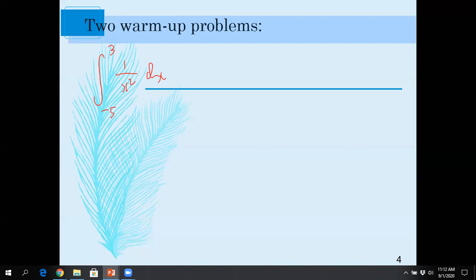And what's the issue here? There's a bad point. What's the problem point for this thing? 0, right? So the problem is that the interval from -5 to 3, are you familiar with that notation? That little bracket notation for the interval? That interval contains x equal to 0, which is bad.